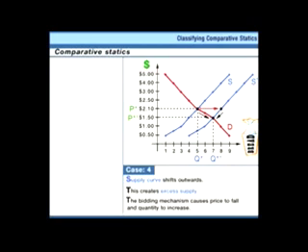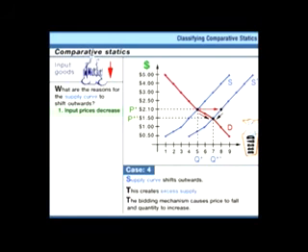What are the real-world events that could lead to this outcome? The first would be if the price of input goods falls, making the production of bread more profitable. Sellers would make and sell more bread at every price than before. The second possibility would be an improvement in technology. With an improvement in technology, once again, production costs will fall, making it more attractive to offer bread for sale.